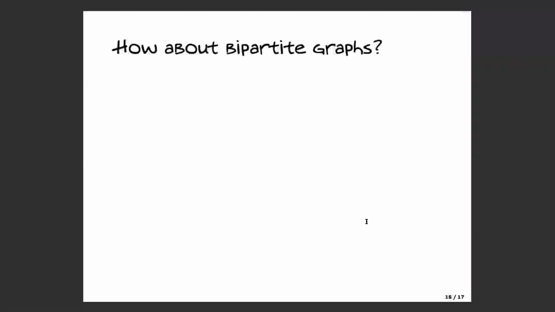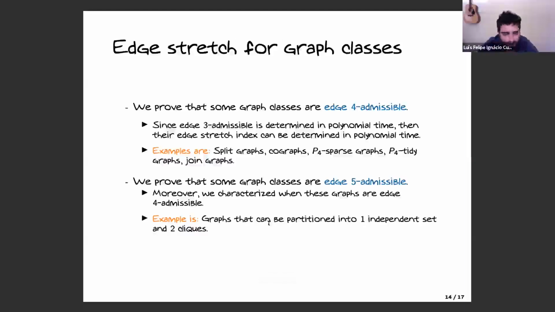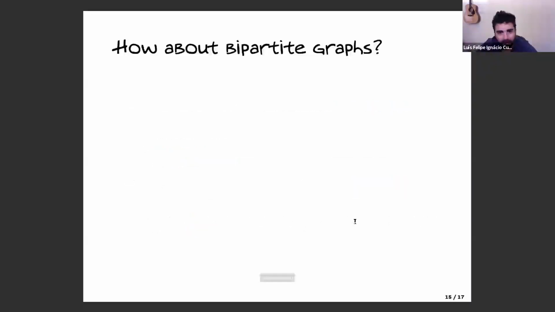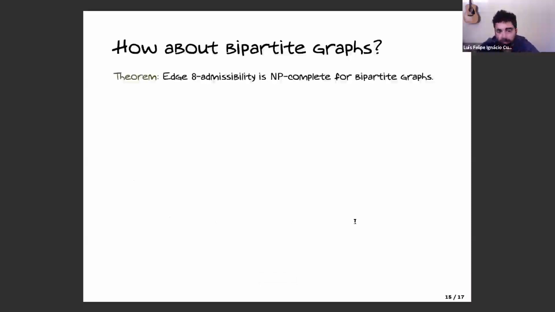And then just to conclude, 1 minute. Since here we are considering the graphs that can be partitioned into independent sets and cliques, how about bipartite graphs? Bipartite graphs, as we already know, are the graph classes that can be partitioned into 0 cliques and 2 independent sets. Here we prove that such a problem, actually, to determine the edge 8 admissibility, is NP-complete for bipartite graphs.